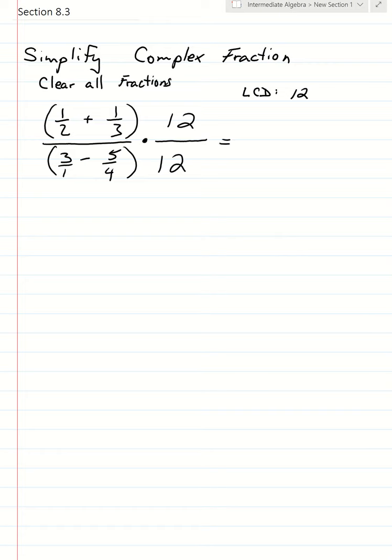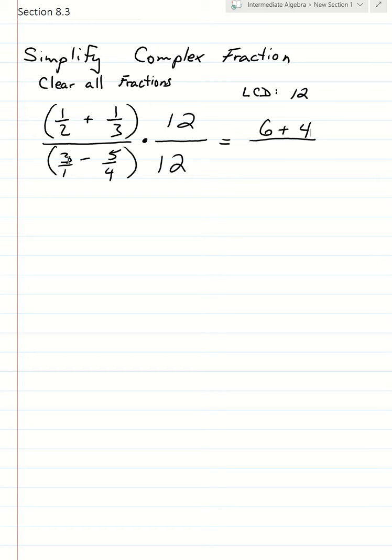So now let's do that. Let's multiply 1/2 times 12, and half of 12 is 6. Then there's the plus sign. Now I take 1/3 of 12, which is 4. That cleared the fractions in the numerator.